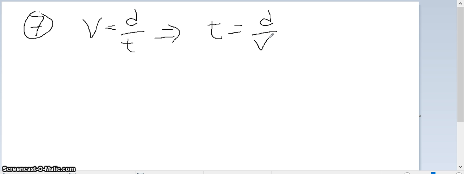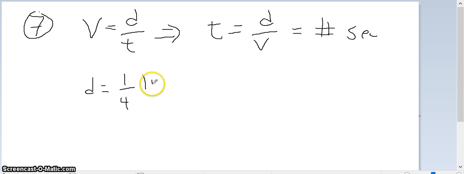All right. And by the way, when you do this, it's going to give you some number of seconds, so just keep that in mind. And the distance that they give you is 1/4 of a light year. That's how far the planetary nebula has expanded.